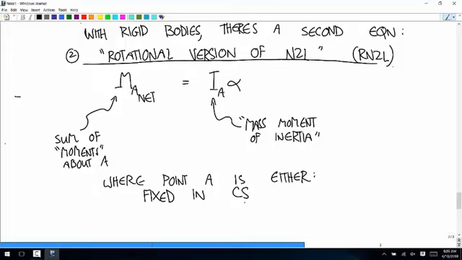If you have a seesaw, that hinge is fixed to the ground and your coordinate system is fixed to the ground, so the hinge is fixed in your coordinate system. Or it could also be the body's center of mass. That makes the calculations a little harder, though, and we're not going to worry about that.